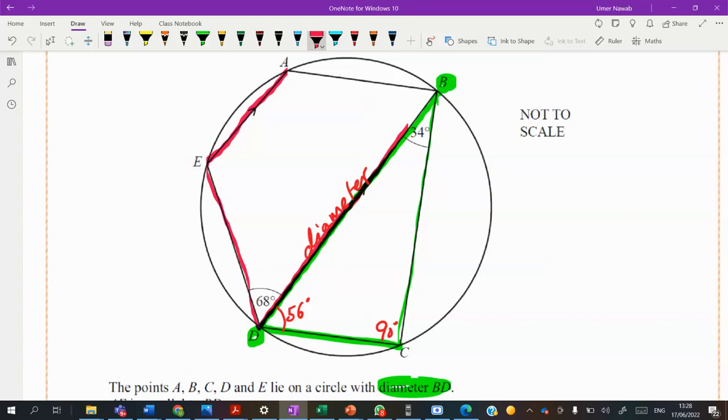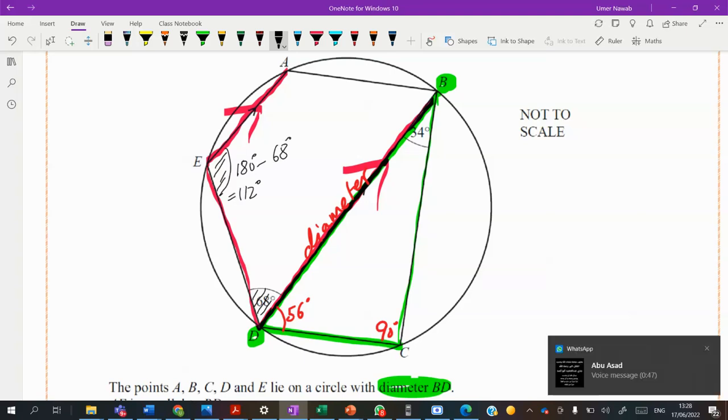The C property tells you if these two lines are parallel, then angles on the same side are supplementary. So we call them co-interior angles. So this is 180. I'm talking about this and this. 180 minus 68, that gives me 112. So we found this angle.